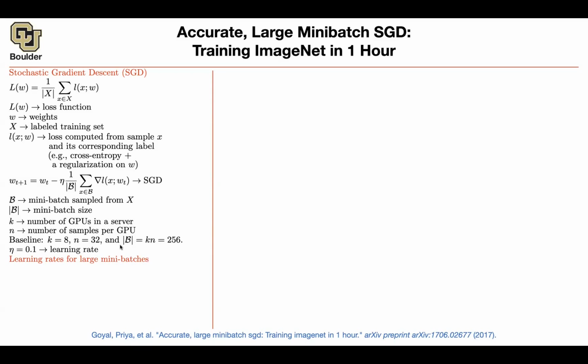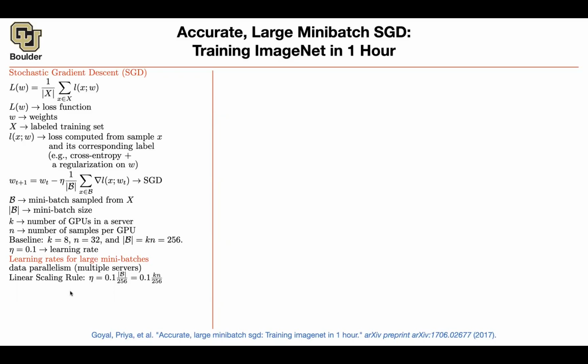So you are increasing the size of your mini batch. And you are doing data parallelism because you have multiple servers in front of you. And let's reformulate this 0.1 a little bit. In the case where beta, or the size of your mini batch, is 256, that number is going to cancel with 256 here, and then you're going to get 0.1.